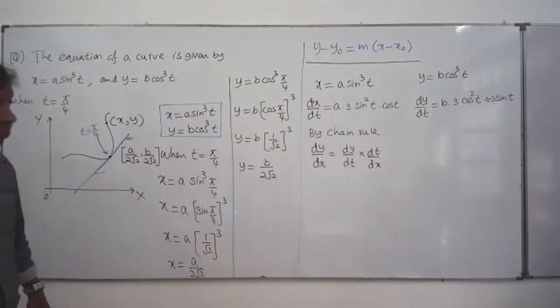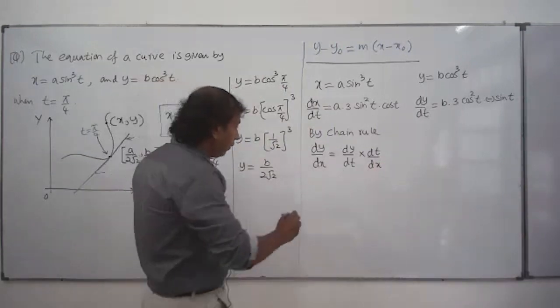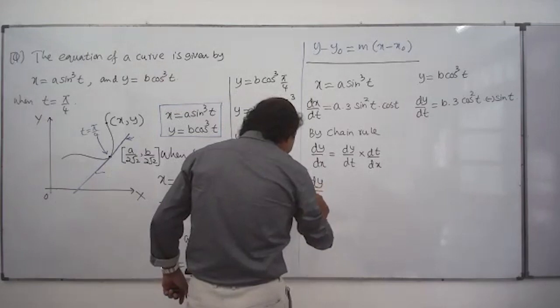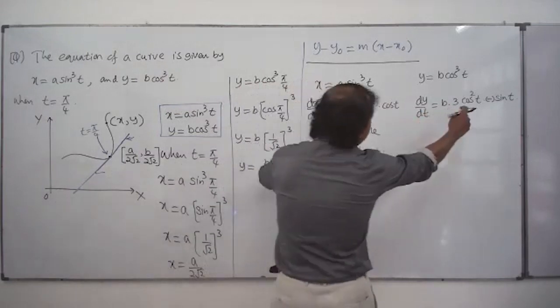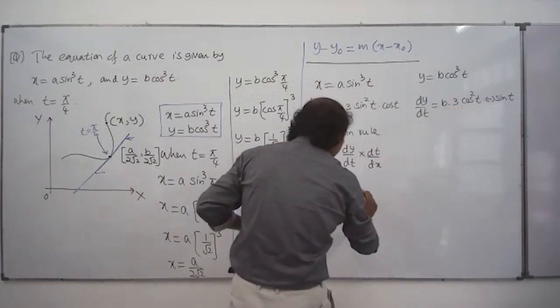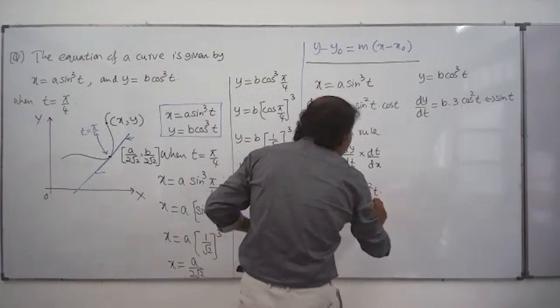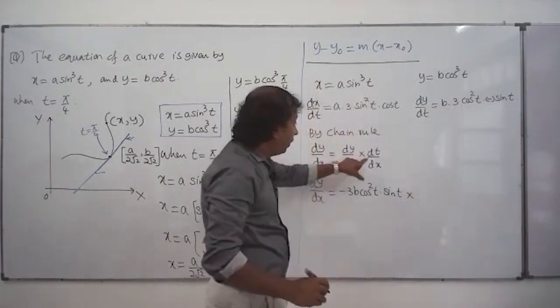This chain rule, you know, people. So dy by dx is equal to dy by dt, that is minus 3b cos square t sine t, multiplied by dt over dx.